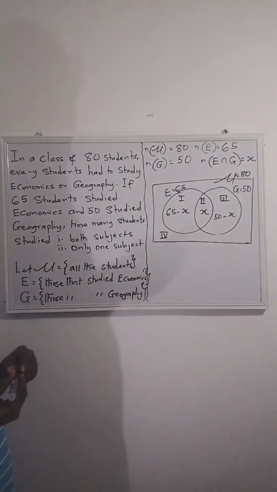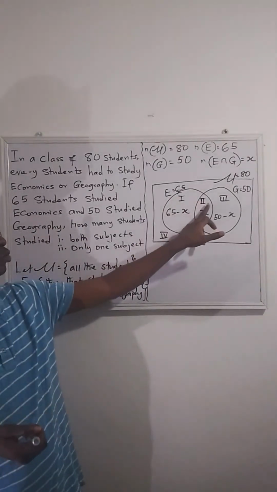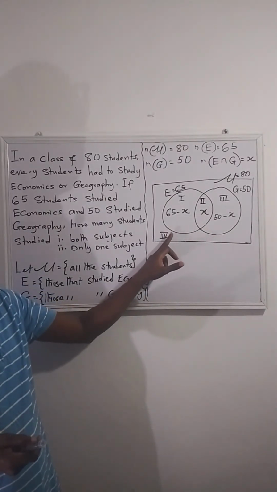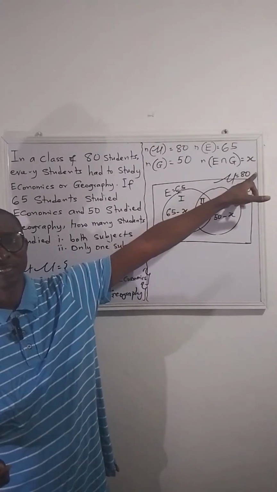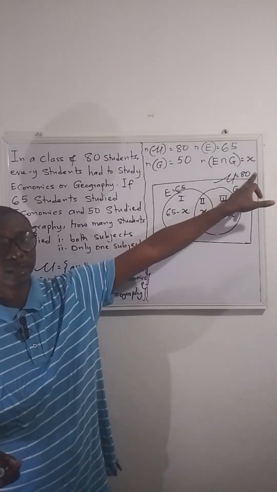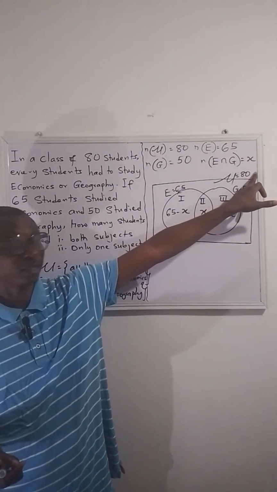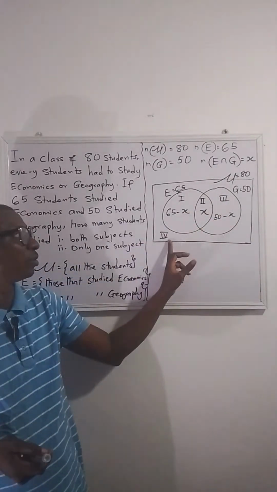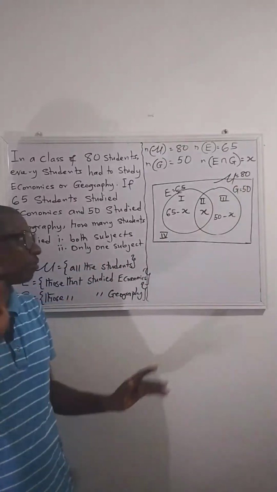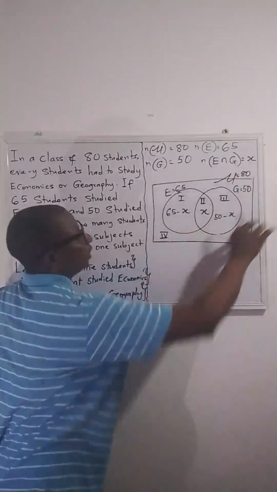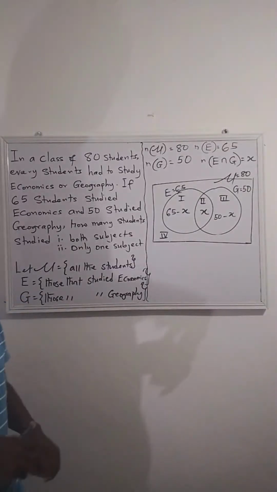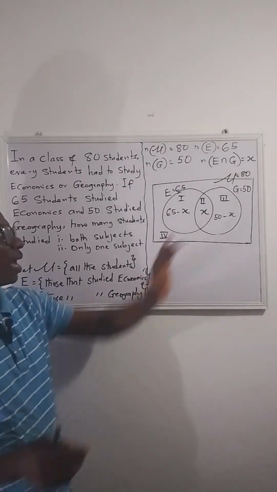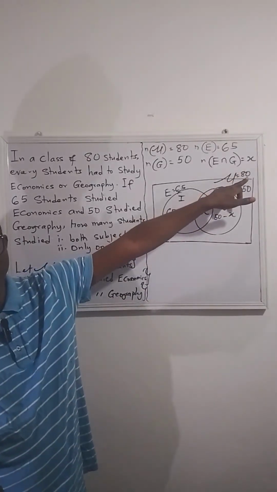When you add part 1, part 2, part 3, and part 4 together, your result must give you the universal set, that is the total number of students in the universal set, because we have 4 parts that make up this rectangle. So now let us add the 4 parts together and equate it to 80. Can we do that now?